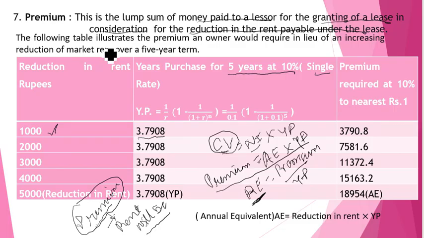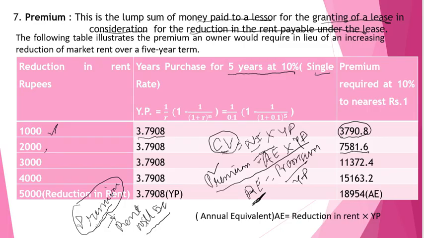Here you have to find the premium. The annual equivalent is 1000, if you require a 1000 reduction in the rent per annum. It means for a rent reduction of 1000, with YP 3.7908, you require a premium of 3790.8. Similarly, for a reduction of 2000, you require this much premium to be paid.